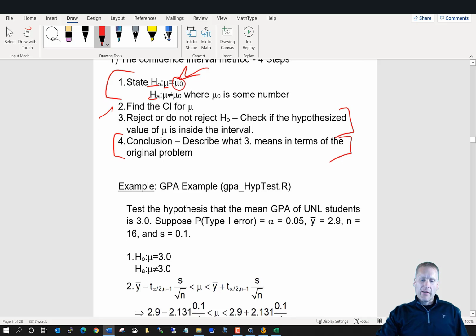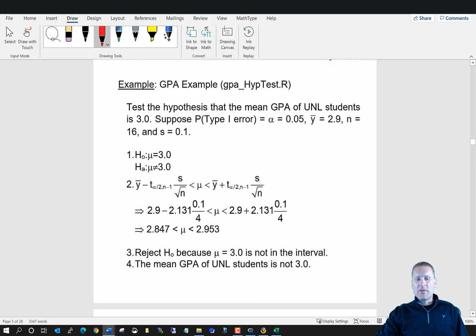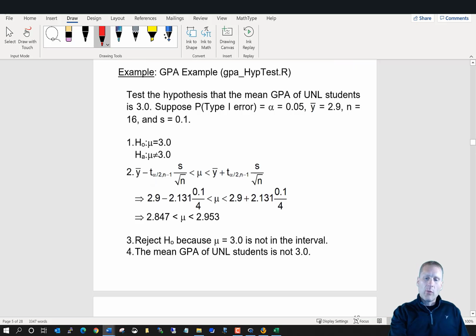Okay, so let's take a look at an example. This deals with GPAs here. And we simply want to test the hypothesis that the mean GPA of all students, doesn't have to be at UNL, for a particular university, is 3.0. Now, let's suppose that the probability of type 1 error is alpha.